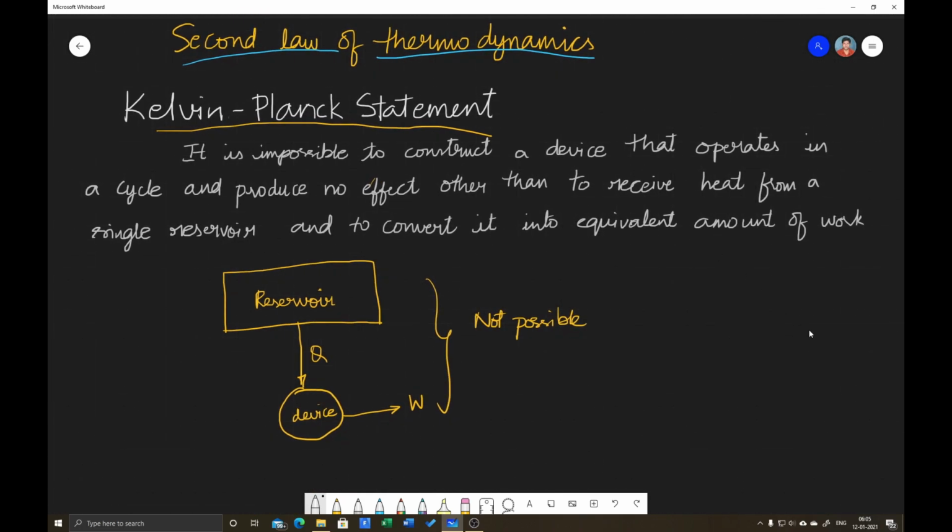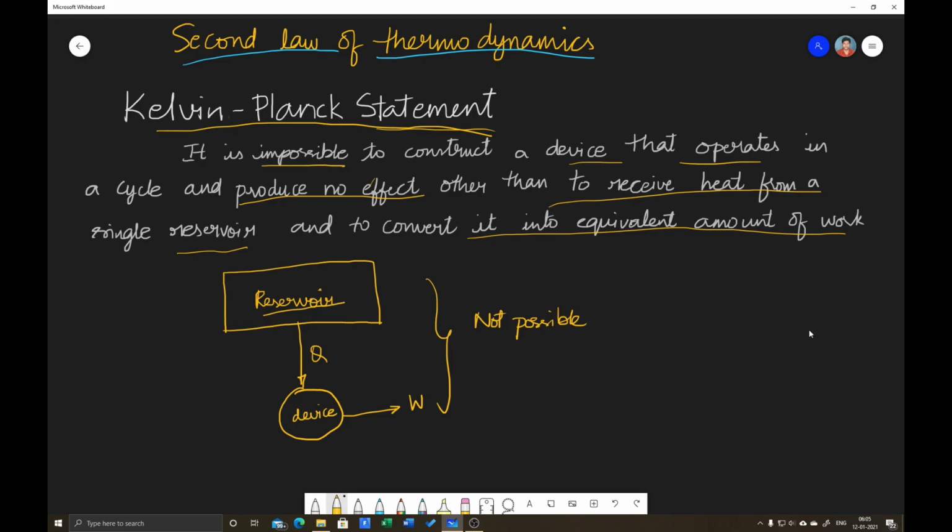Now we will go to the second law of thermodynamics. First we will try to understand the statement. These statements refer to whatever is impossible, and tell you about that. So it is impossible to construct a device that operates in a cycle and produces no effect other than to receive heat from a single reservoir and convert it into an equivalent amount of work.